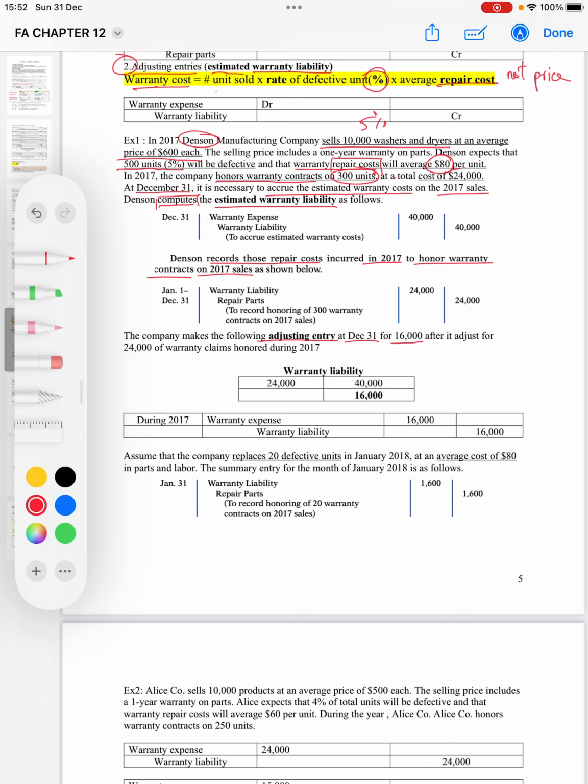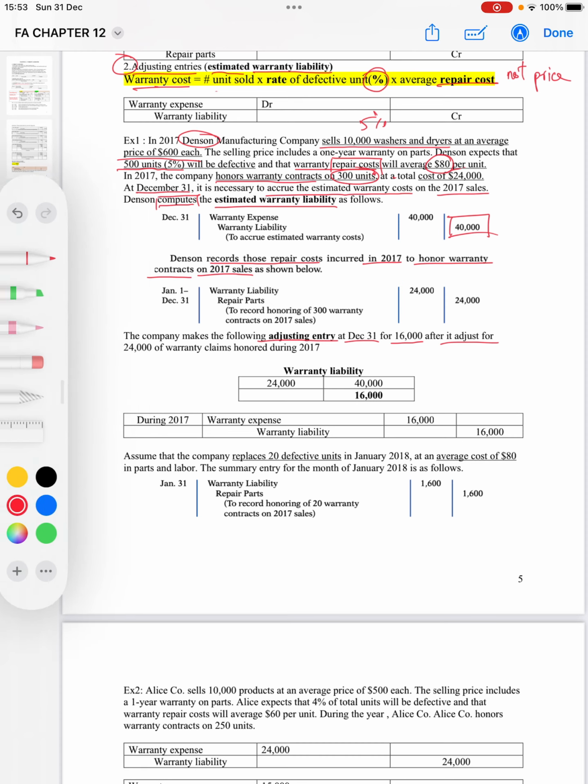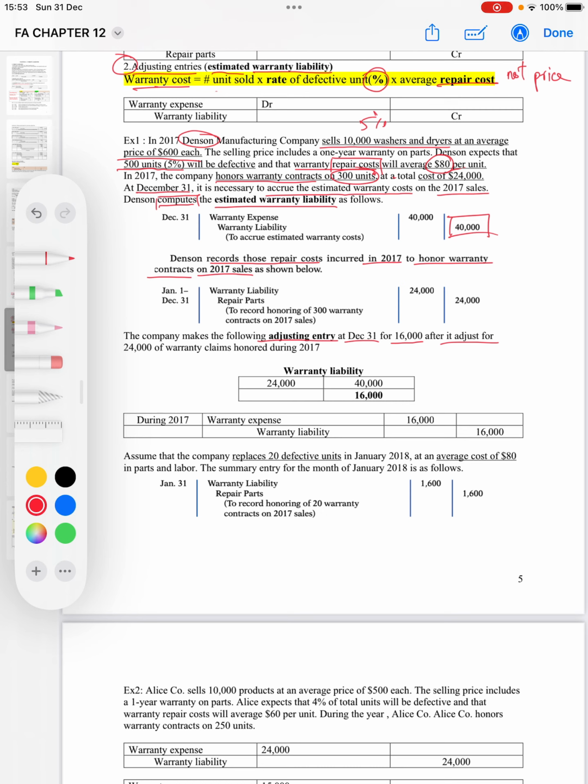After it adjusts for 24,000 of warranty claims honored, which means at the beginning they estimated that in this year 500 units, which means 5% of the washers and dryers, will be defective, and they estimated that they have to perform the warranty contract at a cost of 40,000. But at the end of the year they realize that they don't have to perform all of this amount.